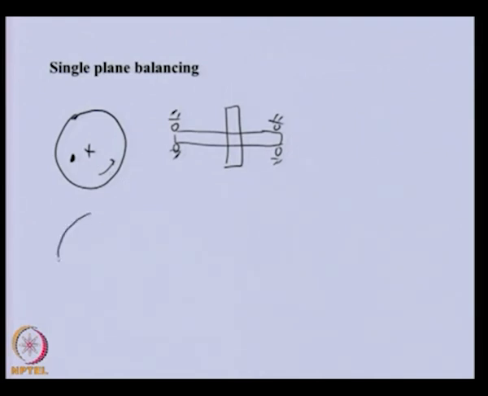Because of the unbalance, if the unbalance is heavy, it will try to stop in this particular position. If we again rotate this, maybe it will come and rest in this particular configuration.